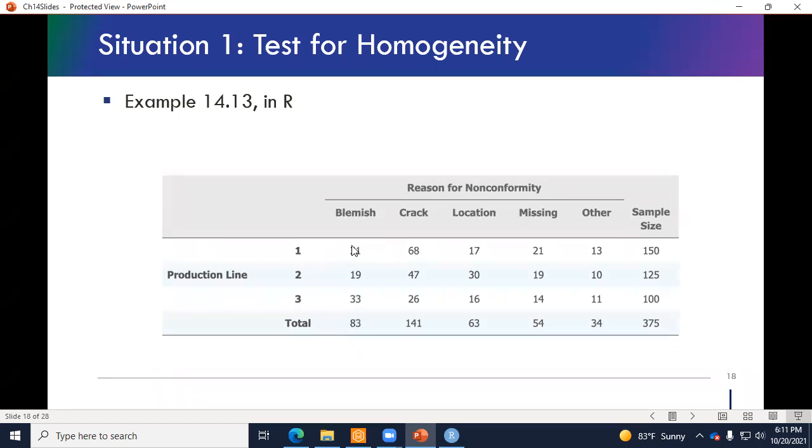If we sum up over the i's, we get n dot 1, n dot 2, and so on. So this row is our n dot j. Similarly, we use Ni, which we can also write as ni dot, because we are summing over the j.